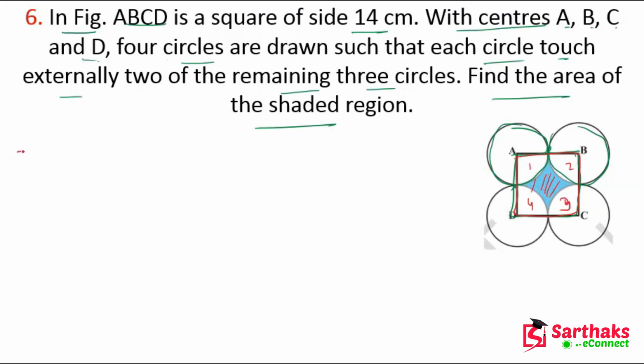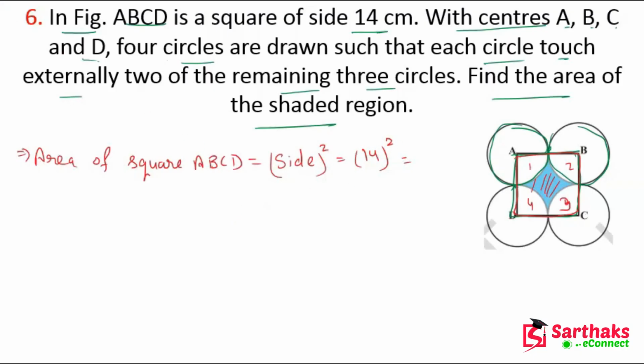First of all, the area of square ABCD is side square, and this side is 14, so this is 14 square, which equals 196 centimeter square.